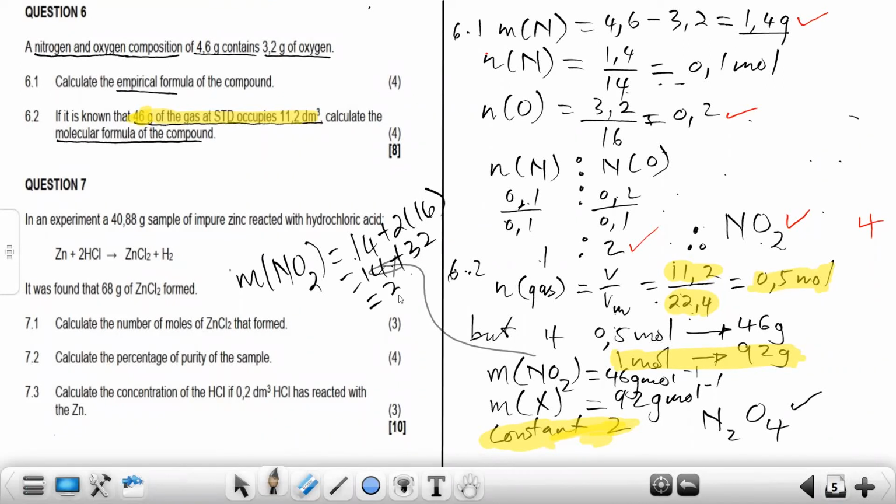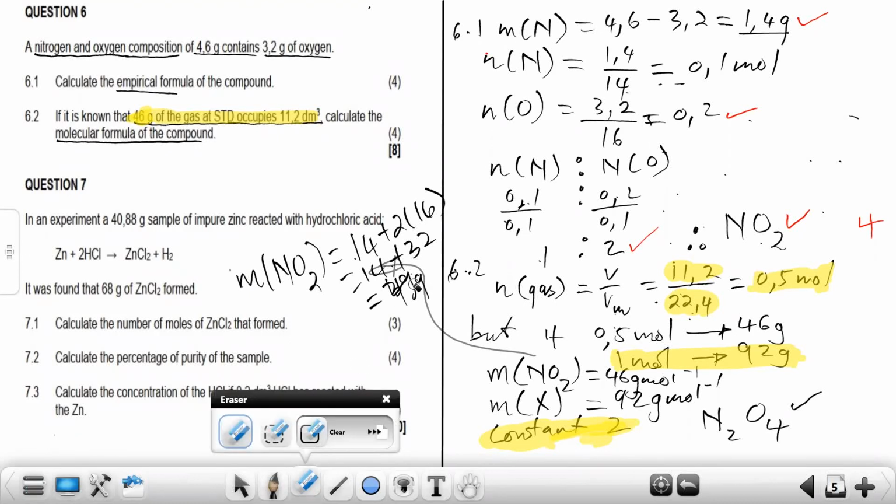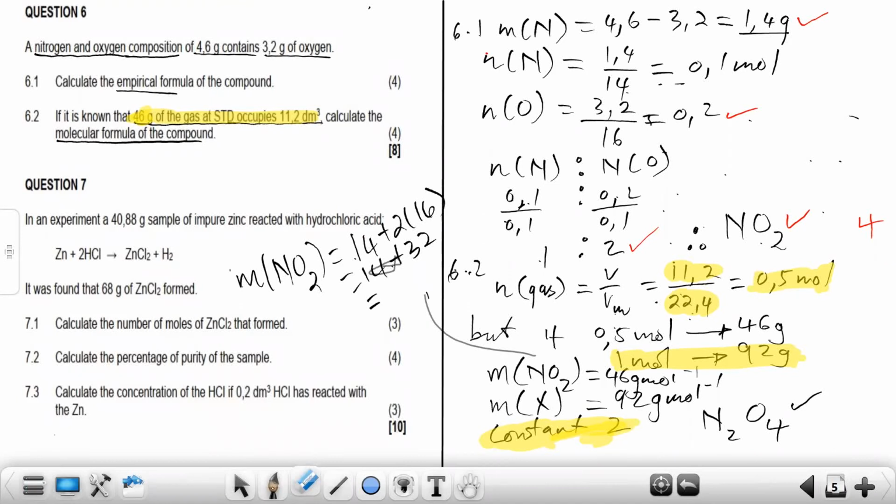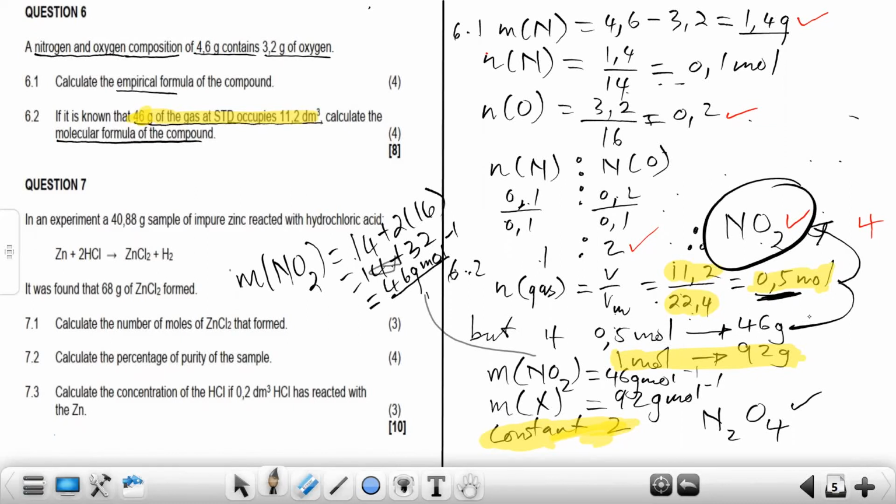This now gives us 46 grams per mole. But remember, we are using this from where? From the information that is given that the 0.5 is going to produce this one, but the 0.5 is producing now 46 grams per mole.